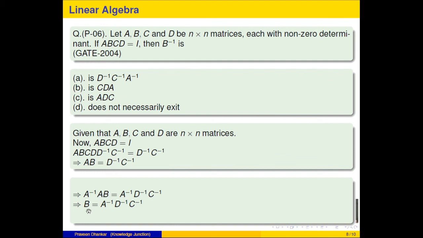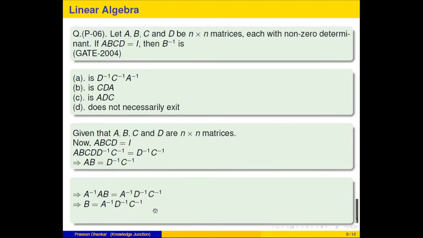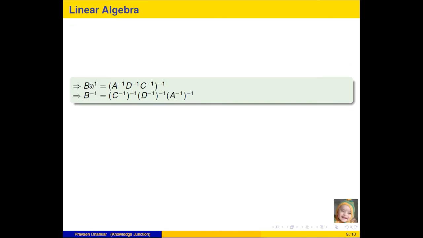So again here it comes B equal to A inverse D inverse C inverse. Then we find the inverse of this: the inverse of B is B inverse, and the inverse of this is of A inverse D inverse C inverse.